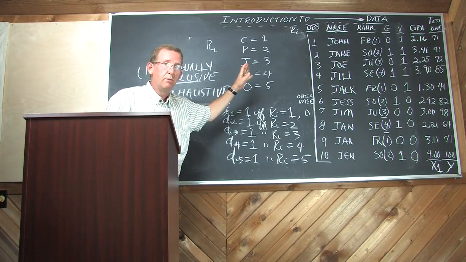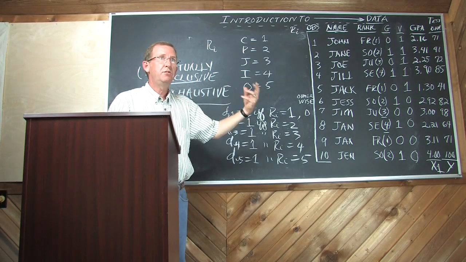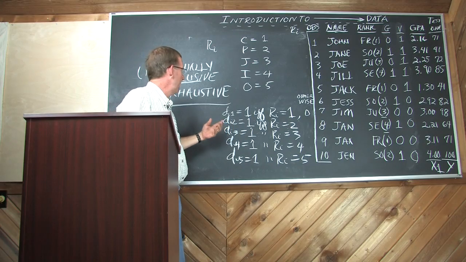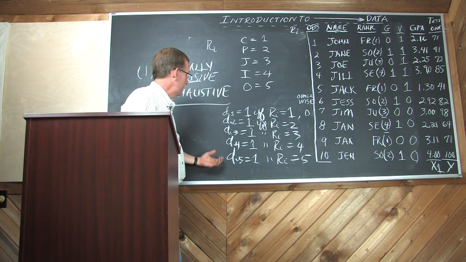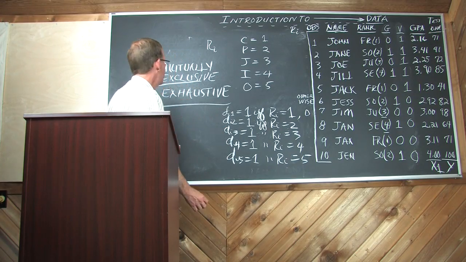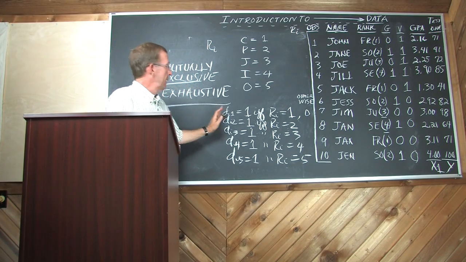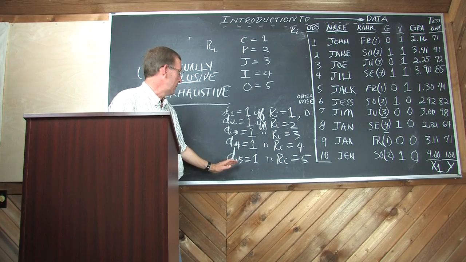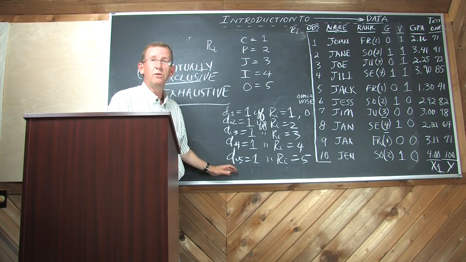So I've taken one variable that is a multi-category nominal measure, very difficult to work with, and I've made it into 5. And if you sum across all of the di's, the result is 1.